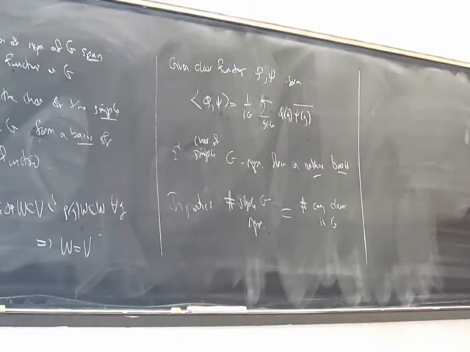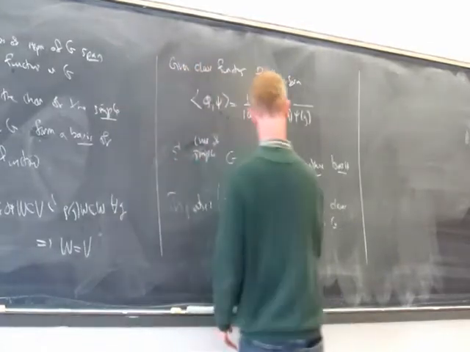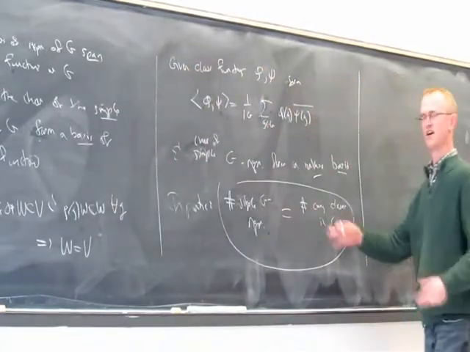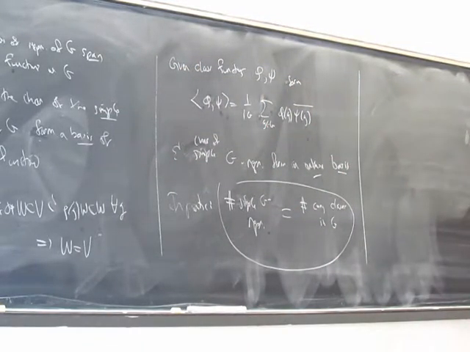For example, if some equation doesn't have a solution, I might have some module that should be simple if I extend the scalars to C, but isn't. Right. So I get this count, and that's kind of my propaganda for the fact that representations encode something interesting about the structure of the group that you might otherwise not have guessed.